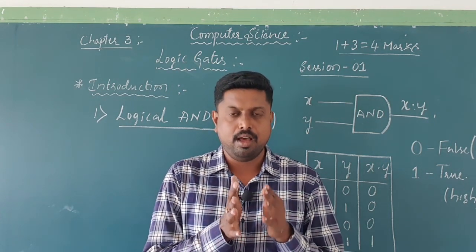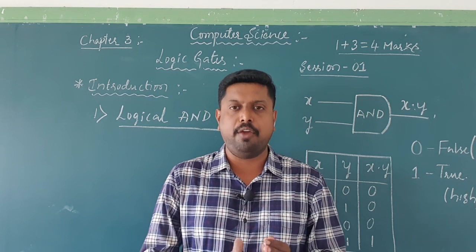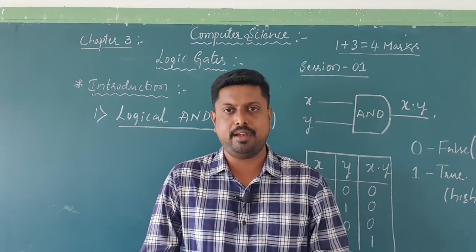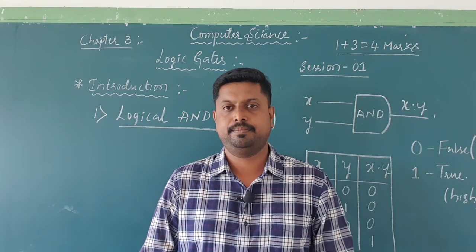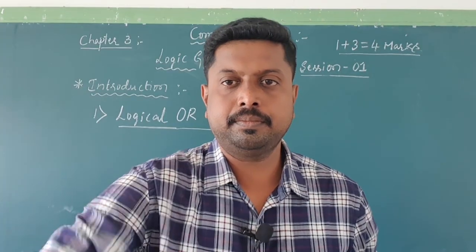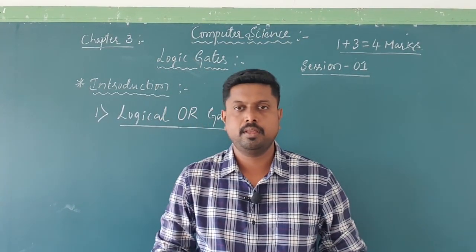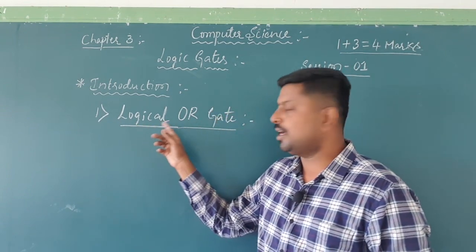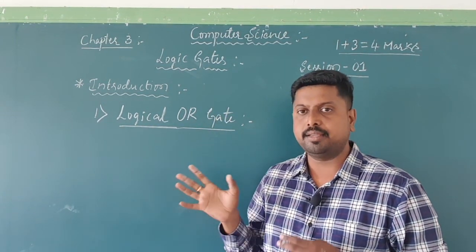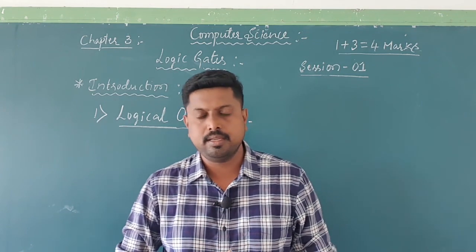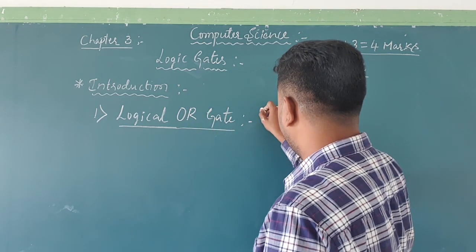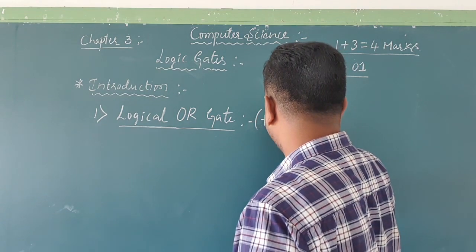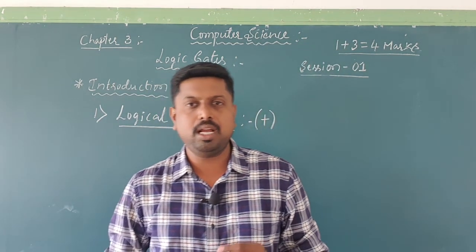After this logical AND gate, now I will move to the second basic gate, that is the logical OR gate. The logical OR gate, the second basic gate, is represented with the help of the arithmetical addition operation, and we also have a symbolic representation.